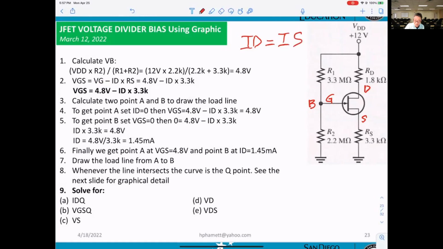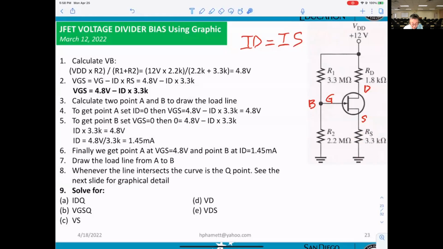That's very important. So VGS equals VG minus ID times RS. That will be 4.8 volt minus ID times 3.3 RS. So VGS equals 4.8 minus ID times 3.3.